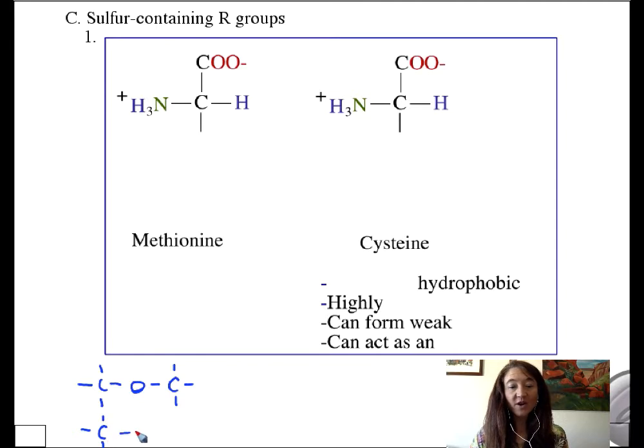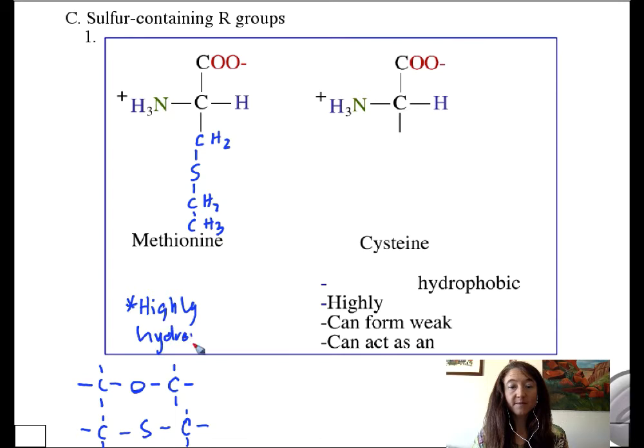So a thioether would look like this. And methionine is famous for having a thioether. So it actually has an R group in which we see a CH2 bond S, bond CH2, bond CH3. Hey, another highly hydrophobic amino acid with a thioether. And a straightforward 1 and 3 letter abbreviation, MET and M.